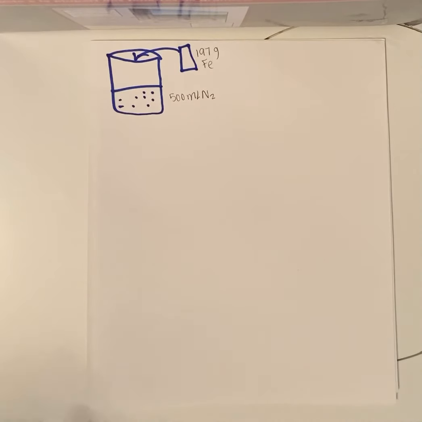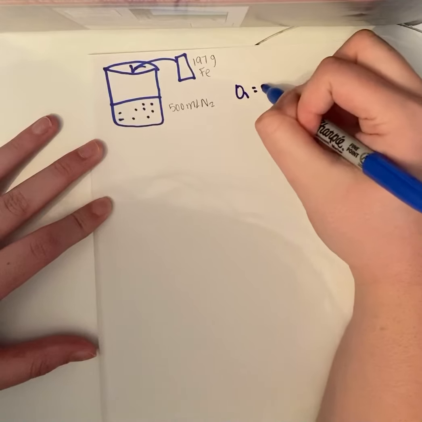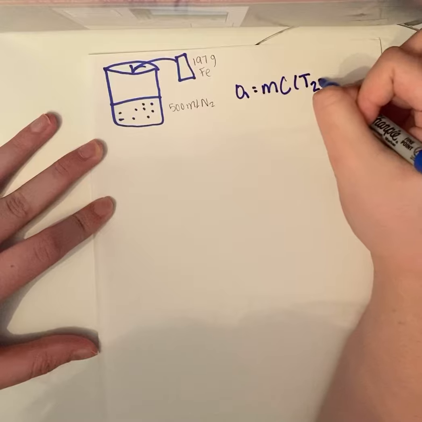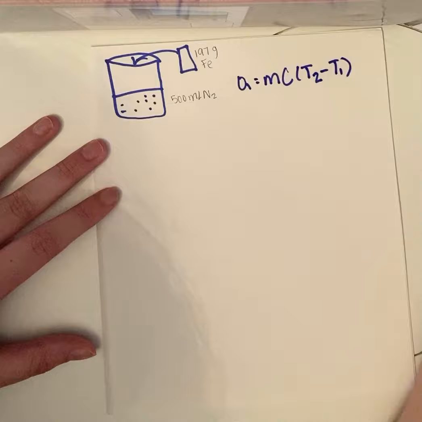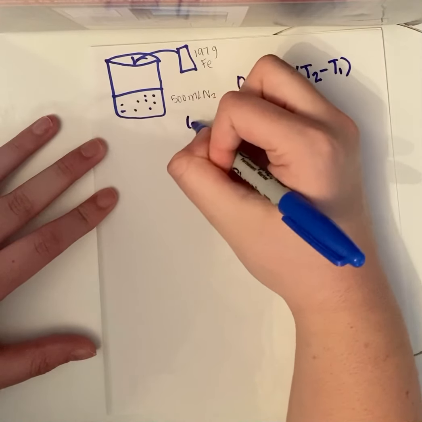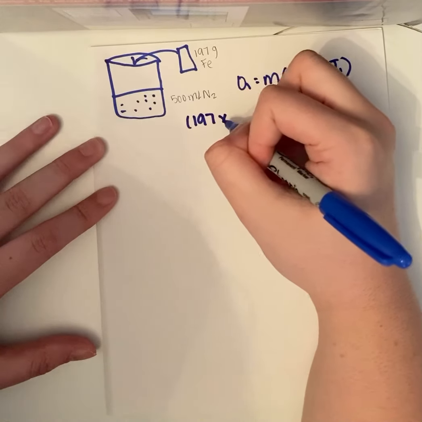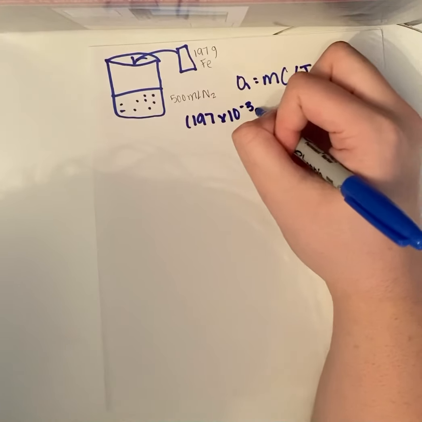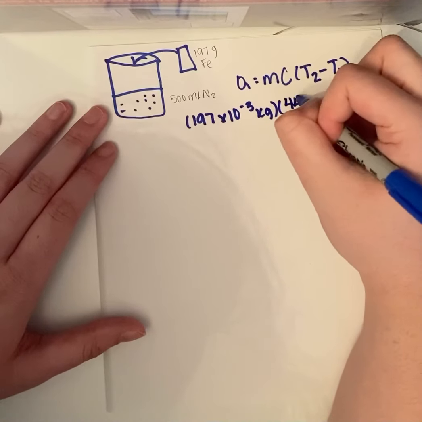So first we're going to want to find the heat that it takes. So that's just going to be our equation: Q equals mass times specific heat capacity times delta T. The mass of the iron given in the equation is 197 times 10 to the negative 3 kilograms, after converting. The specific heat capacity we look up is 449.